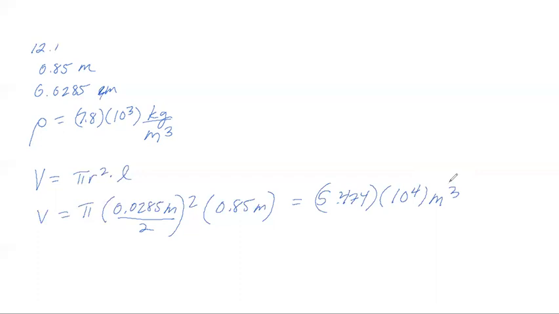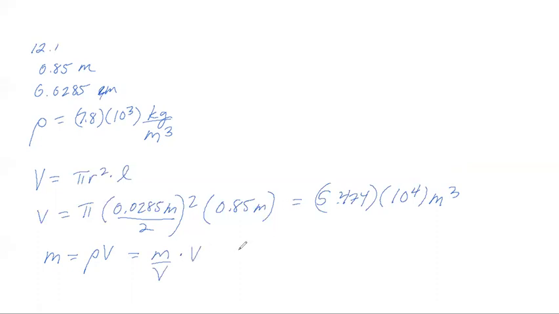And then we'll see how much it weighs by finding the mass. Mass equals rho times v, because rho is mass over volume, so times v gives us mass.